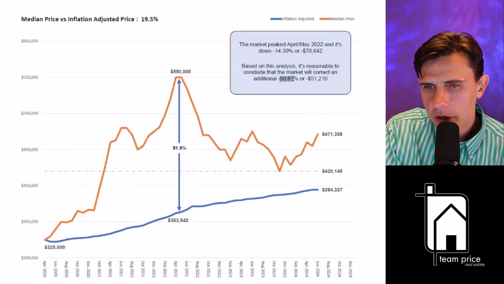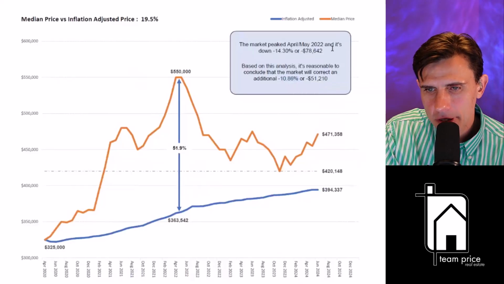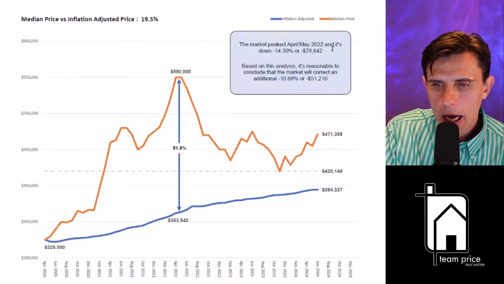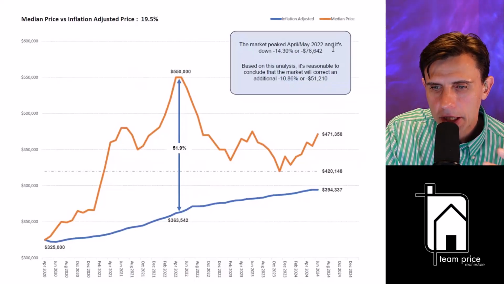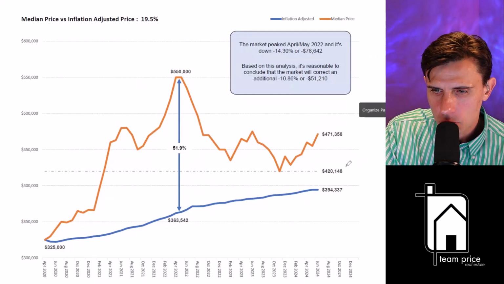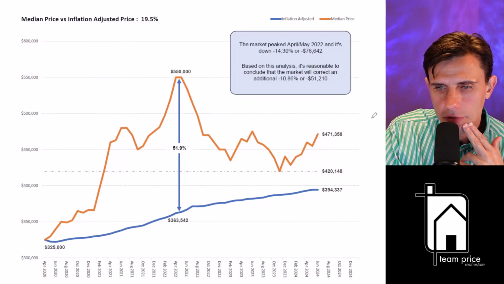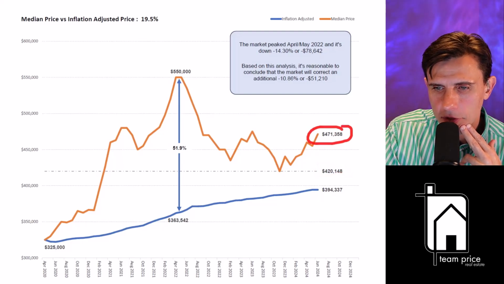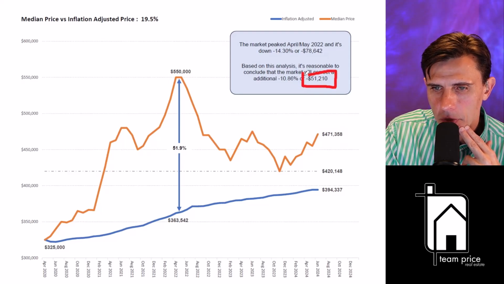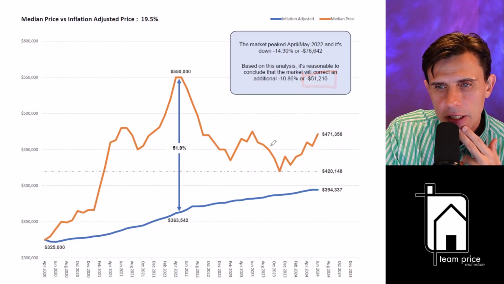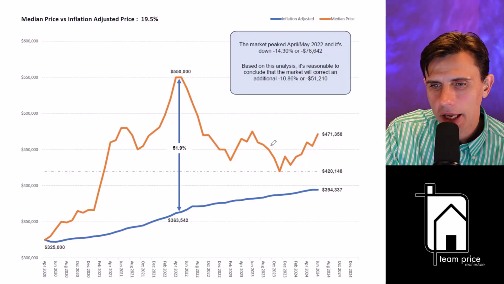According to this, we're roughly 10.86% overvalued. I expect the median price to drop down right around this figure, 420,148. We're at 471,358. So I expect another $51,210 correction based on today's dollar.